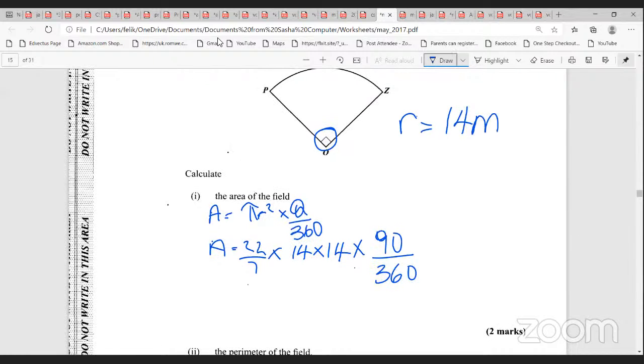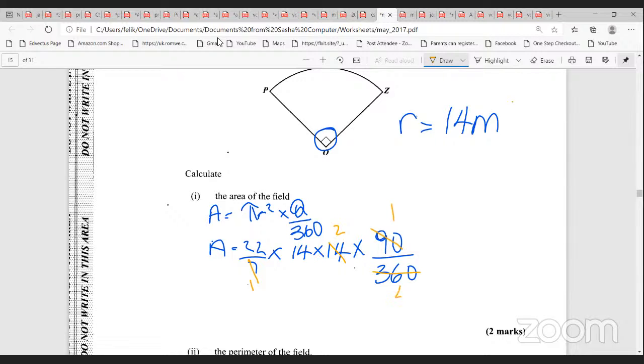So we're going to go ahead and we can put all of this in the calculator. If you feel as if you want to simplify before multiplying out, you can simplify: 7 into 7, 1, and 7 into 14, 2. And the 90 and the 360, we could have simplified that.